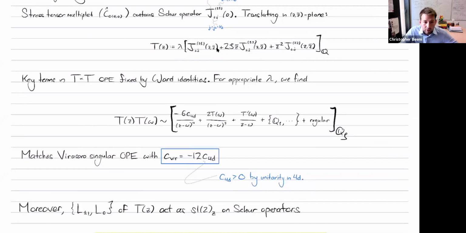And then you want to take the OPE. And of course, in general, we don't have complete control over the full OPE of operators in a CFT, but what we care about is the occurrence of certain Schur operators in the OPE of this thing with itself. And those turn out to be sufficiently constrained by superconformal Ward identities in 4 dimensions.